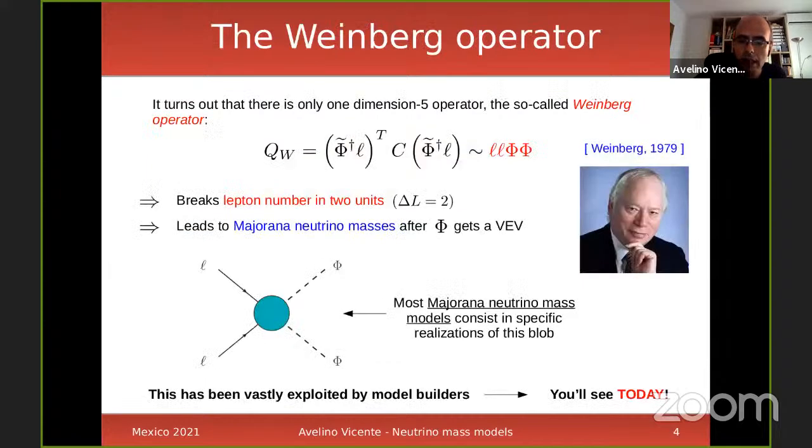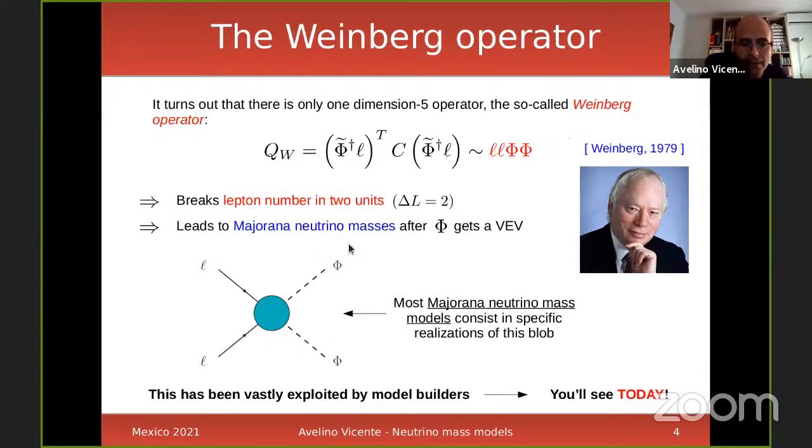We also discussed yesterday that at dimension 5, there is a single operator, the so-called Weinberg operator, that is compatible with the standard model gauge symmetry. This is a very important operator for many reasons, in particular because it breaks lepton number by 2 units, and because when the Higgs gets a VEV, when it breaks the electroweak symmetry, it induces Majorana neutrino masses.